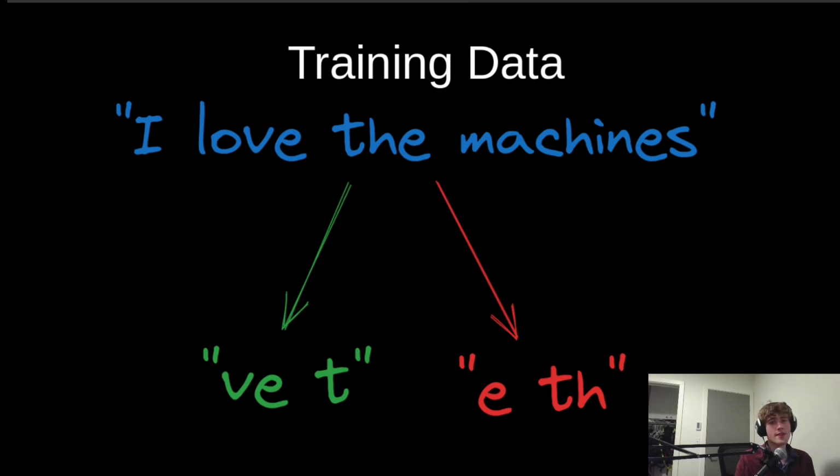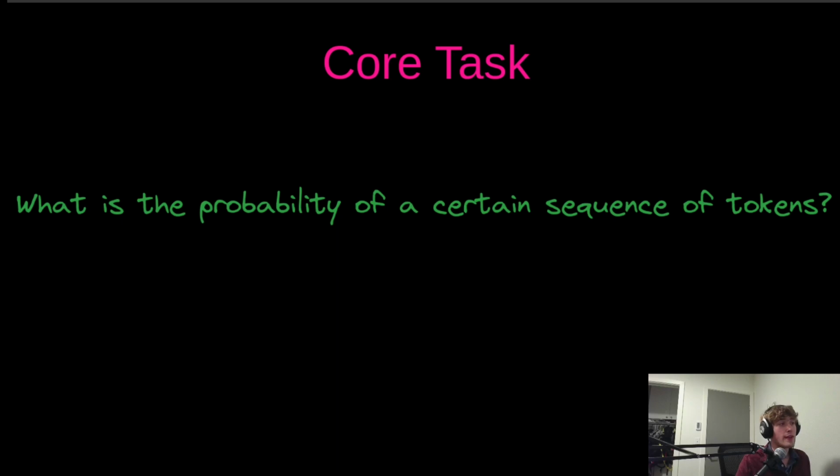Note that we can do this all over our input, and we can basically sample a bunch of little sequences and construct training and test data from that as a good way to actually train our model. Now that we have expected output and therefore a way to train our model itself, we need to work on the core task, or really teaching our model how to estimate the probability of a certain sequence of tokens.